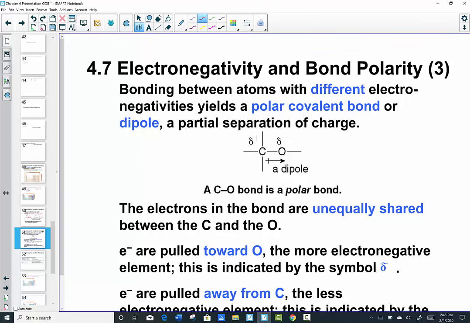If bonding between two atoms of very different electronegativity values occurs, we end up with what's called a polar covalent bond, or a dipole. This is an unequal distribution of electron density.